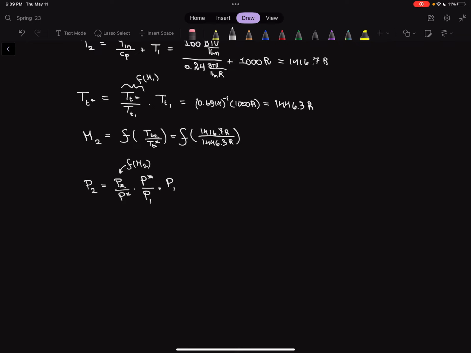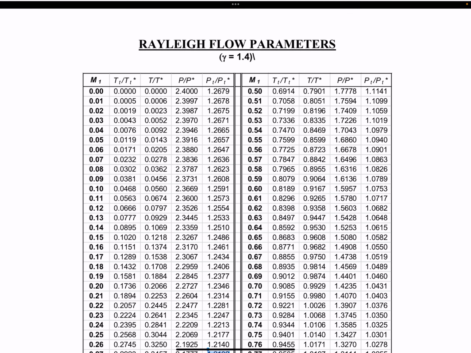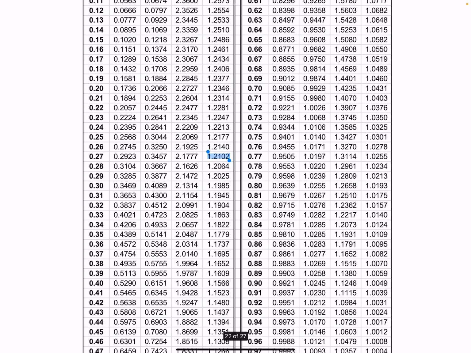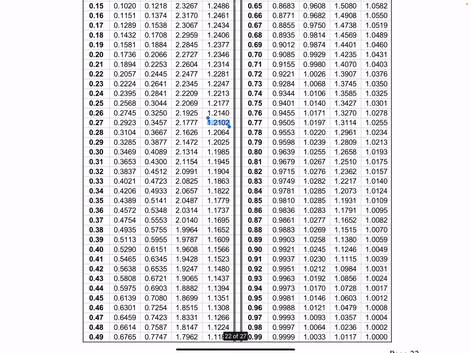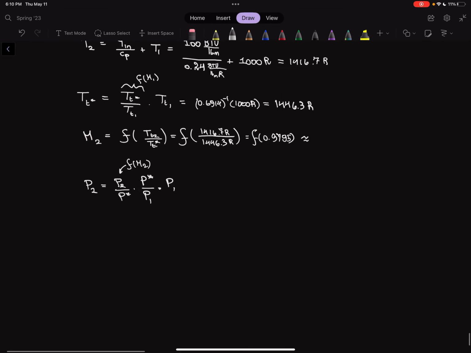That gives us 0.9795. So this is a function of 0.9795. And so then we go back to the supplemental data pack and we look for this ratio and we get about 0.84.